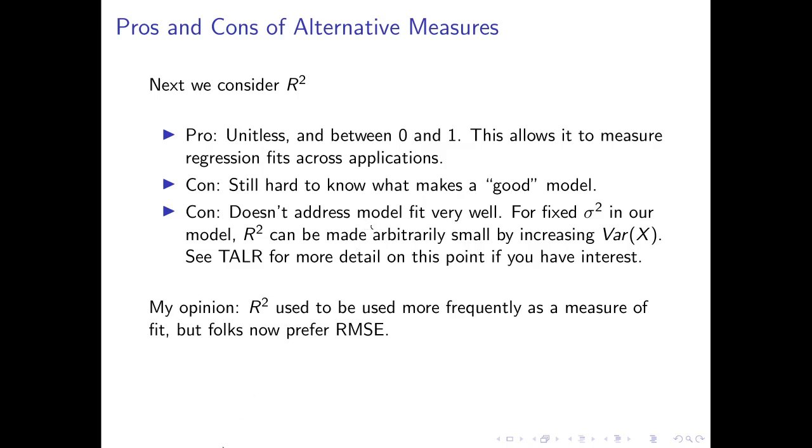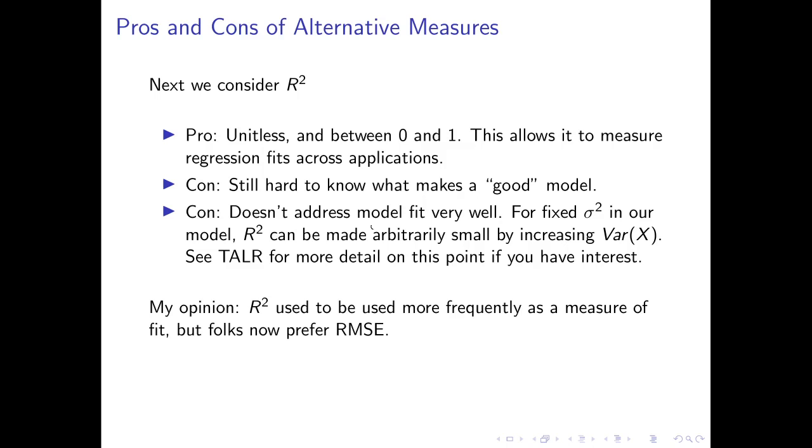The problem is that, for a fixed variance in our model, remember this is coming from our constant variance assumption, r squared can be made arbitrarily small just by increasing the variance of x. That is counterintuitive because sigma squared is like an idea of how much noise is in the problem.